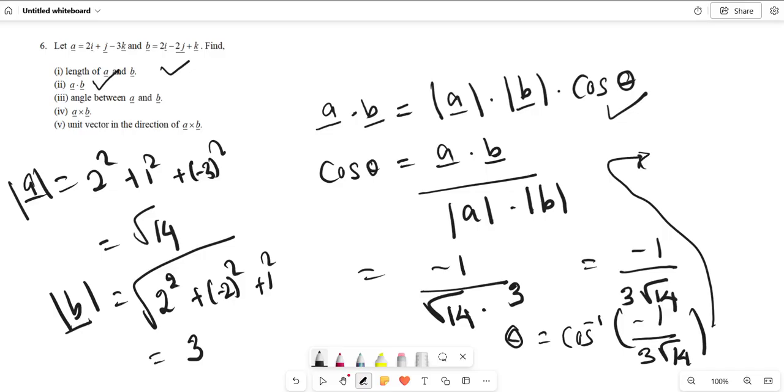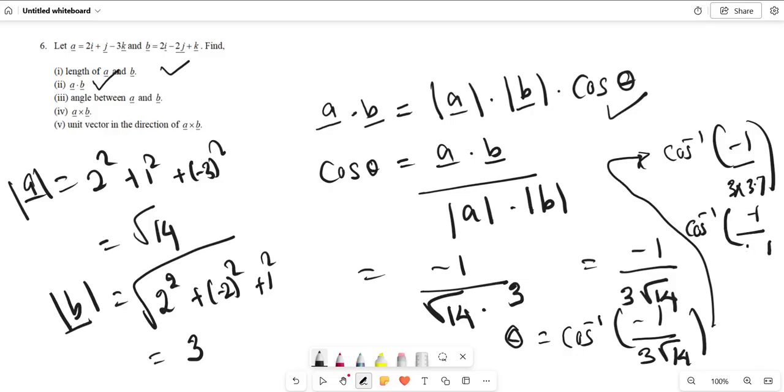So apparently it is like 3.7, and cos inverse of minus 1 divided by 3 into 3.7, so cos inverse of minus 1 divided by 11.1. So it is like minus 0.08.